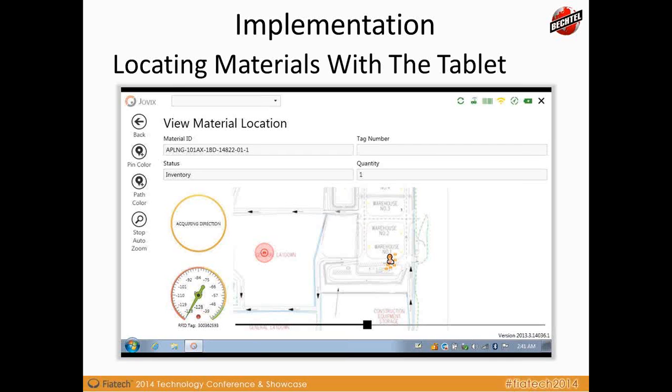So overall, think about the value of this: the average time required to locate and pick materials using a combination of the tablet and the RFID tags was reduced significantly over the project life cycle. Searching for the individual pipe spools or cable reels or bundles of steel has been reduced, and this was a quote from one of the field guys, from days to minutes.